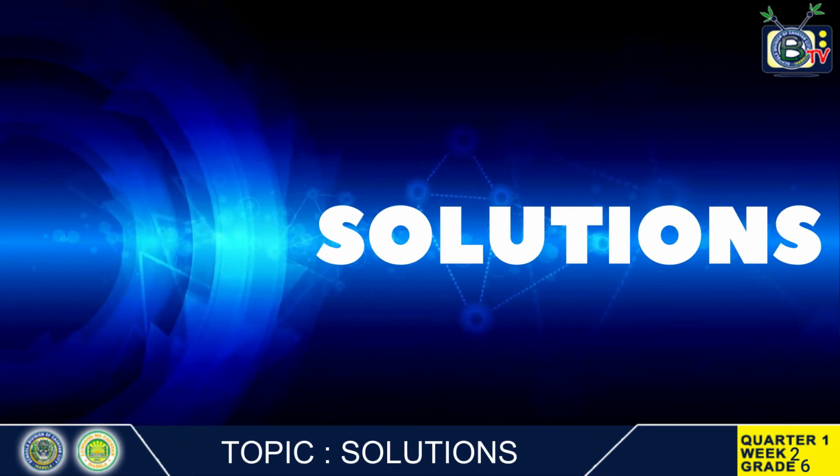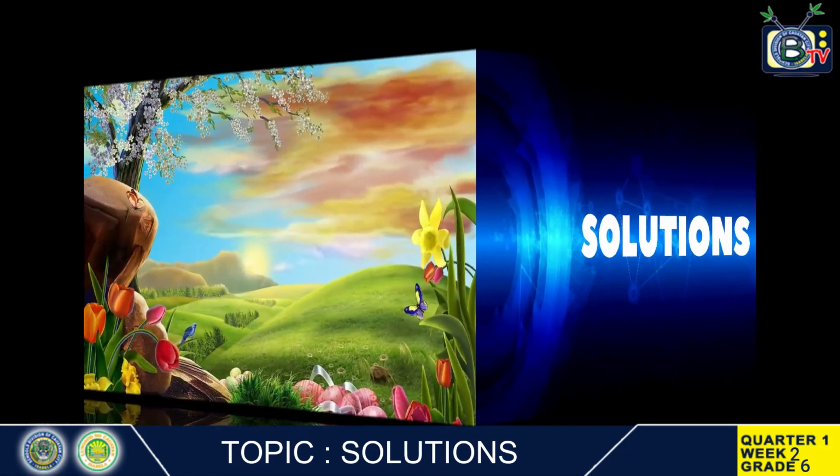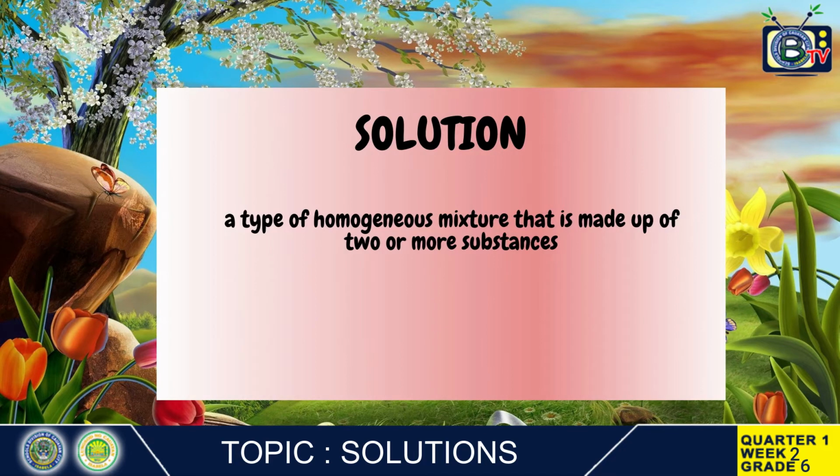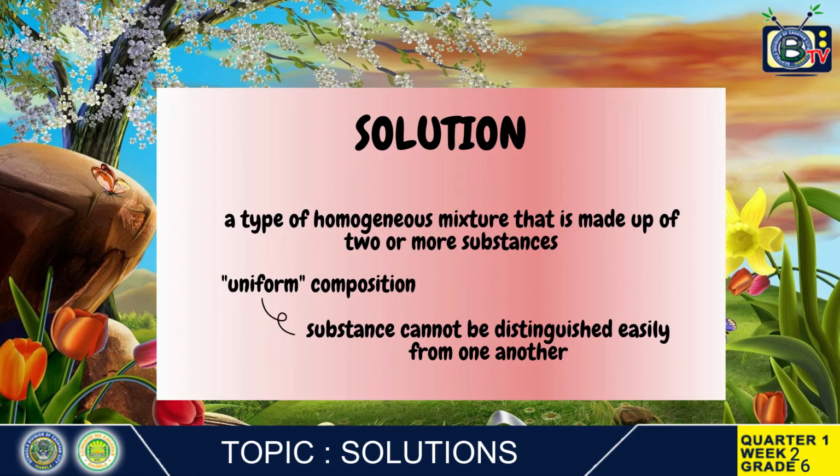A solution is a type of homogeneous mixture that is made up of two or more substances. It is a type of mixture with a uniform composition. This means that the substances cannot be distinguished easily from one another.